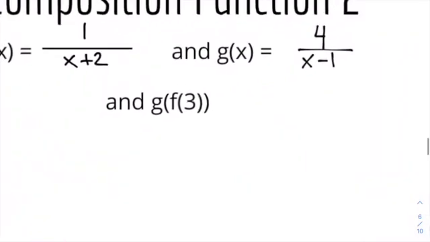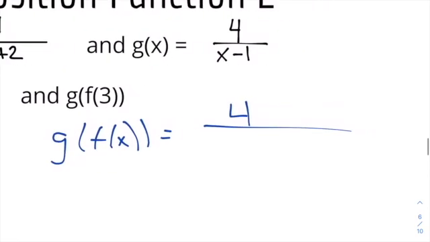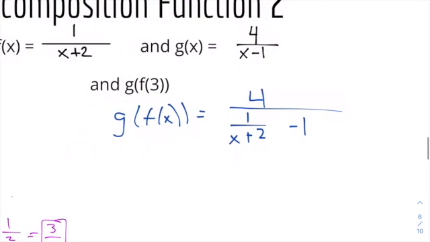We'll do the same thing with g of f of 3. So this means that I can first find g of f of x, which would be equal to 4 over 1 over x plus 2 minus 1, because I've plugged my entire function f into the x for g of x. Now that I'm here, I can plug in that 3.